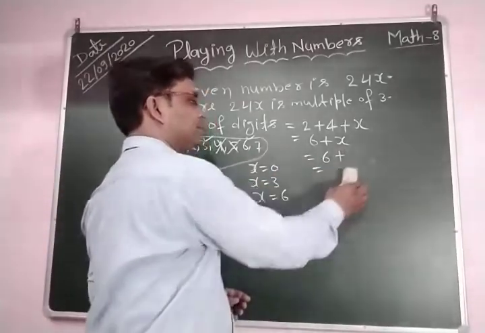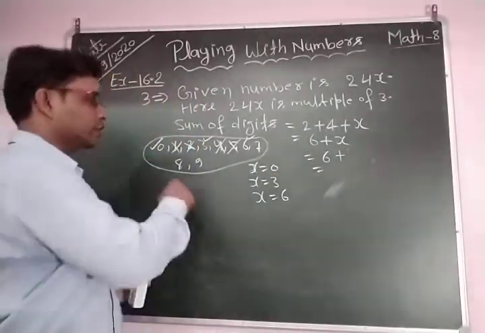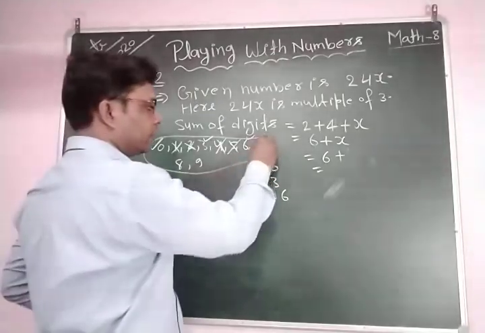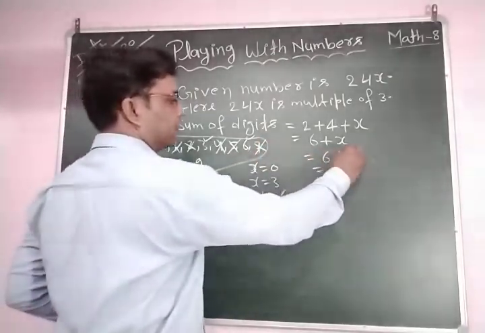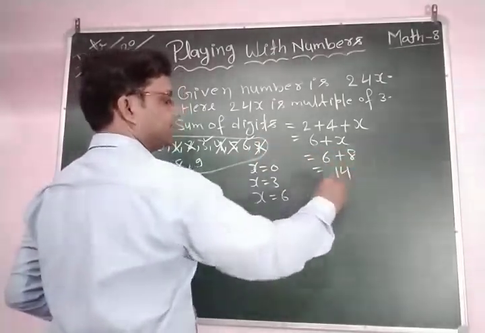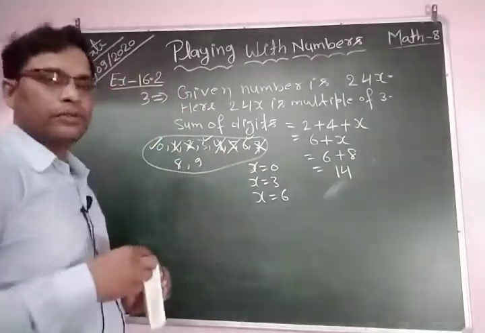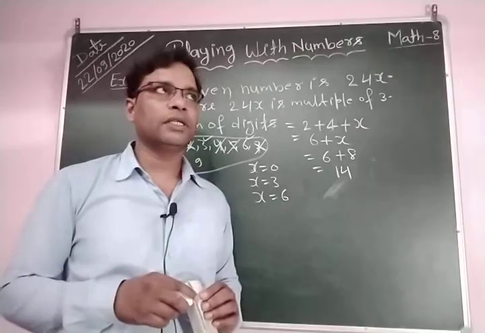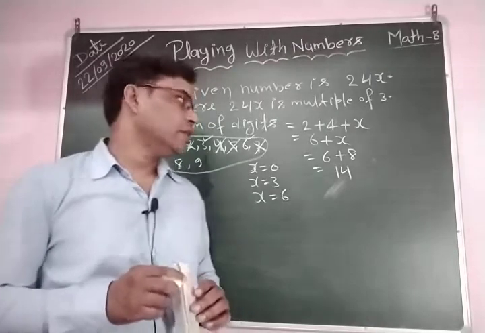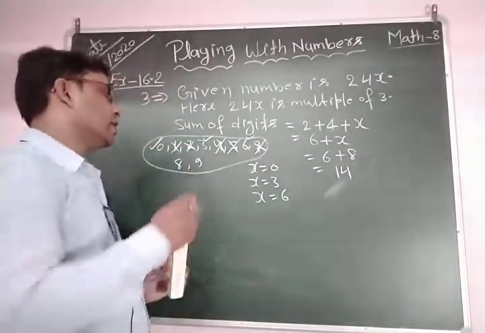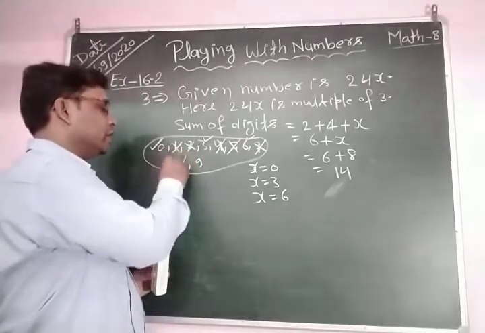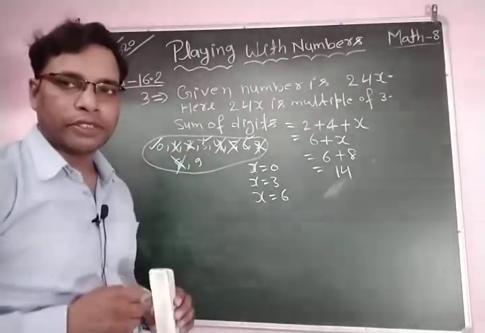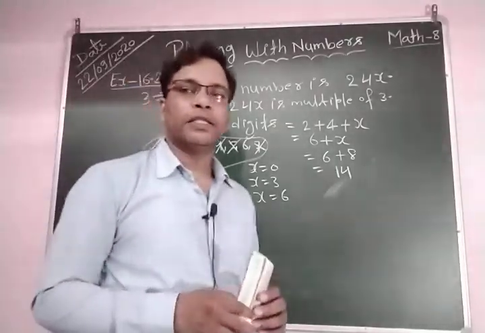Clear? Now we take x is equal to 8. If we take x is equal to 8, so here 6 plus 8 is equal to 14. Okay, so 14 is not a multiple of 3, or you can say 3 does not divide 14. So the value of x equal to 8 is rejected. Okay, because the sum of digits of the number is not divisible by 3.